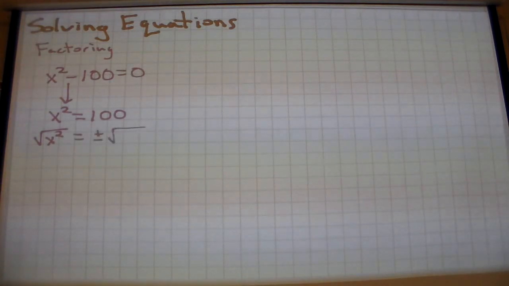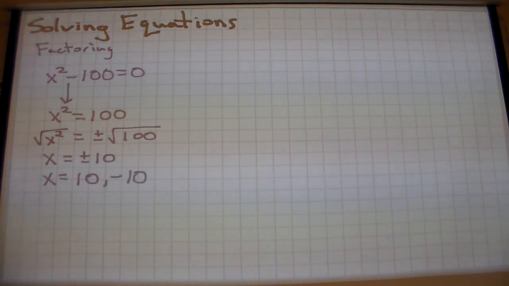It comes out to be x equals plus or minus 10, or positive 10 and negative 10. Because that means if I plugged in positive 10 or negative 10 into my original equation, it works. Because 10 squared minus 100 is 0, and negative 10 squared is 100, minus 100 is 0.